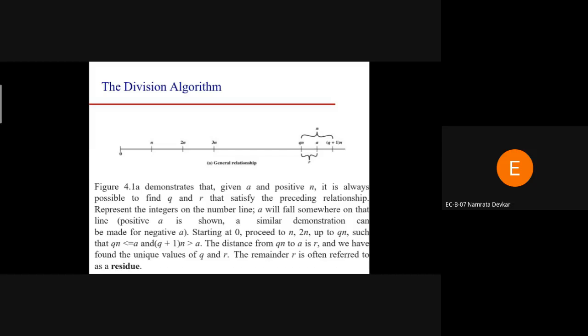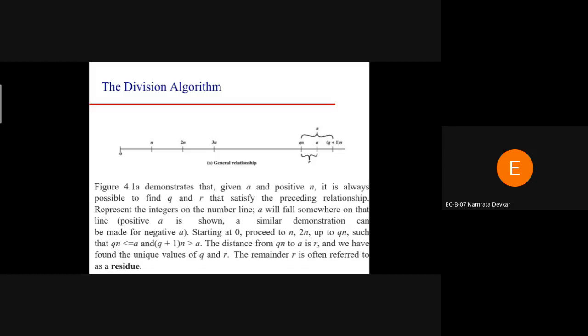Okay, so if we have to represent these values a and n in this demonstration, we can take the multiple integers of n. Here we can start with 0, then n, then 2n, 3n, 4n, 5n, likewise.